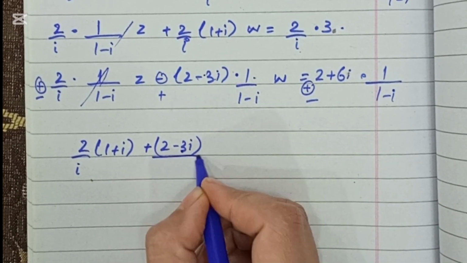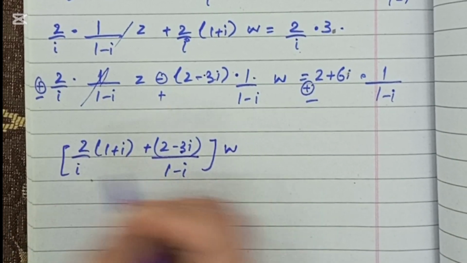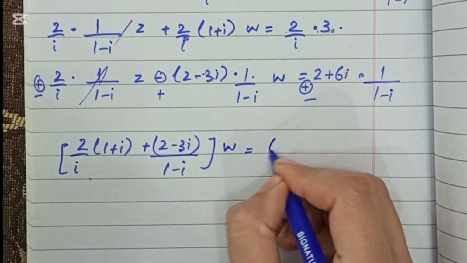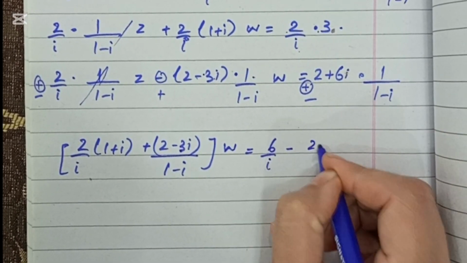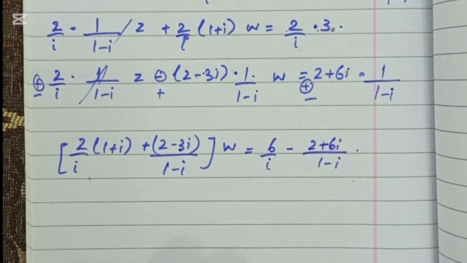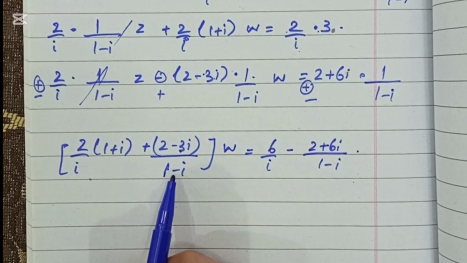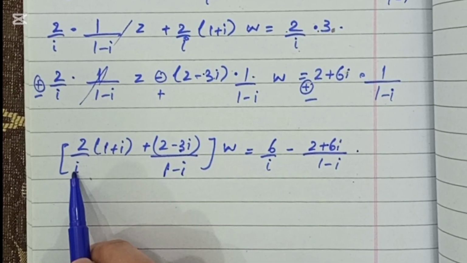In the denominator it will be 1 minus iota. Taking w common equals 3 into 2 is 6 iota minus this into 1 is 2 plus 6 iota divided by 1 minus iota. Okay, so now we have to make the denominator same. For this we have to multiply 1 minus iota here and iota here.